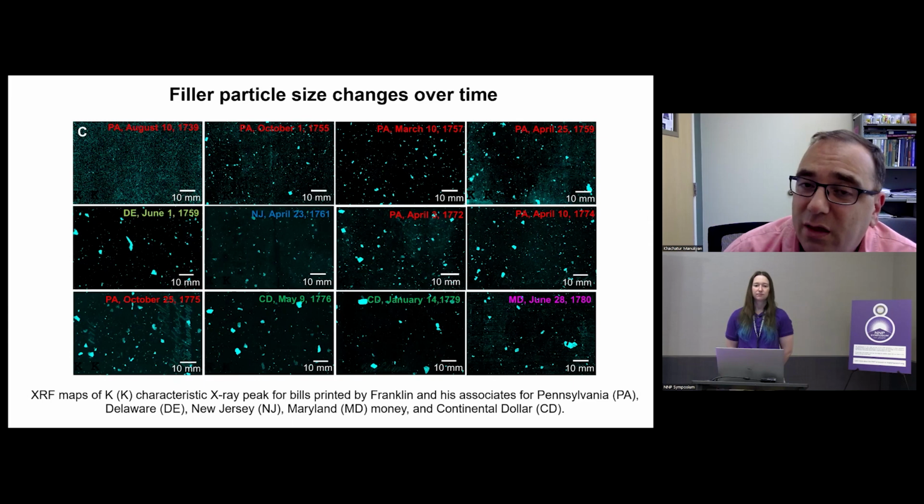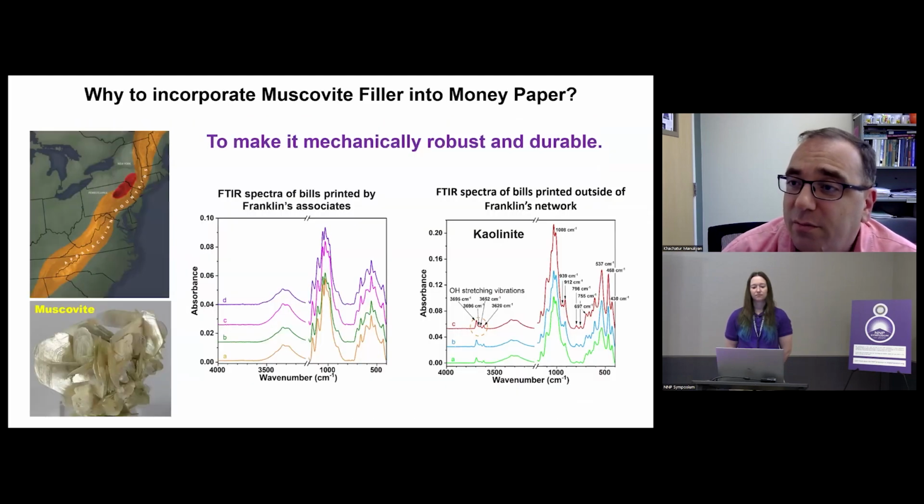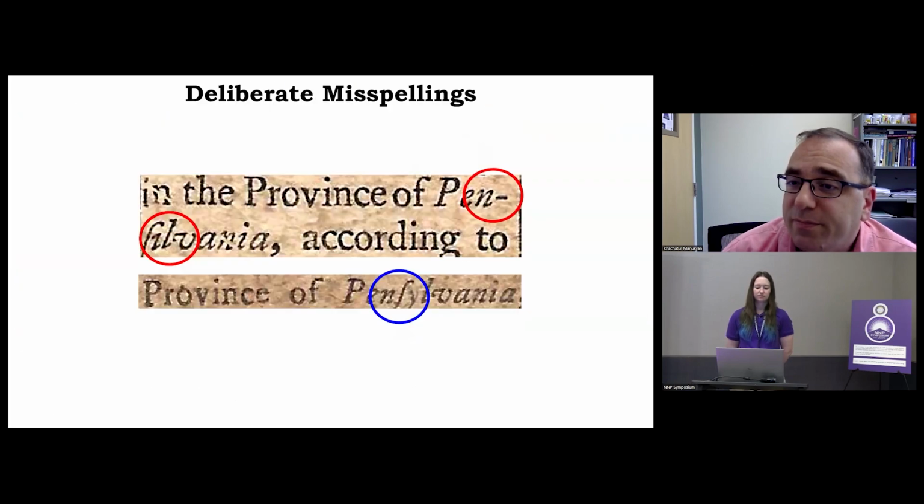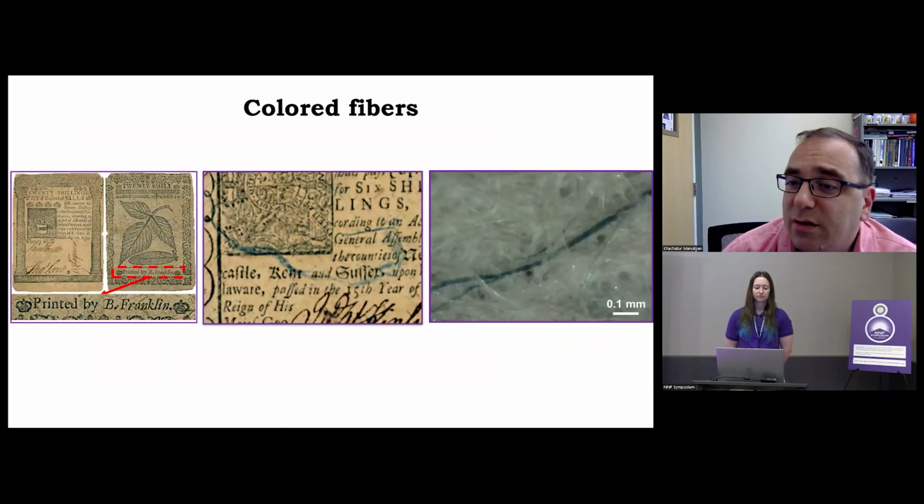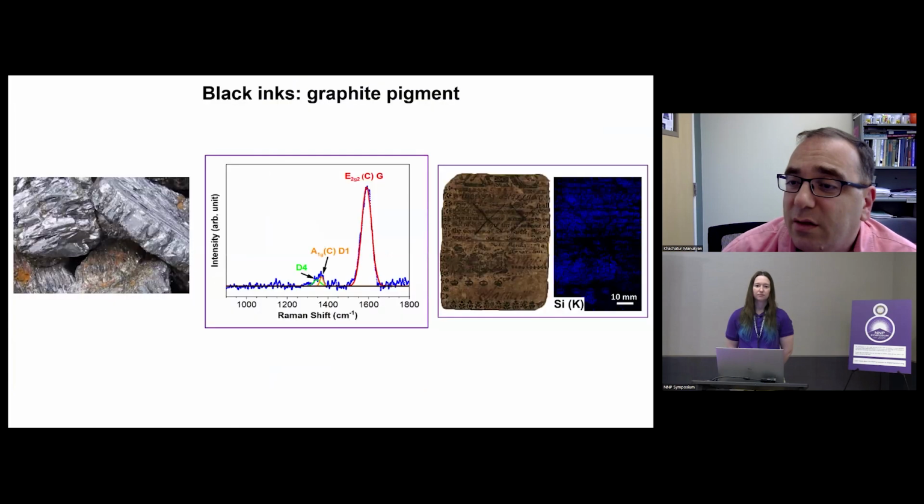Interestingly, the inks were always this graphite carbon-based ink. It was very visible on, I'll just go back here, you can see this bill. This is a 1734 Delaware bill, and it contains this graphitic ink.